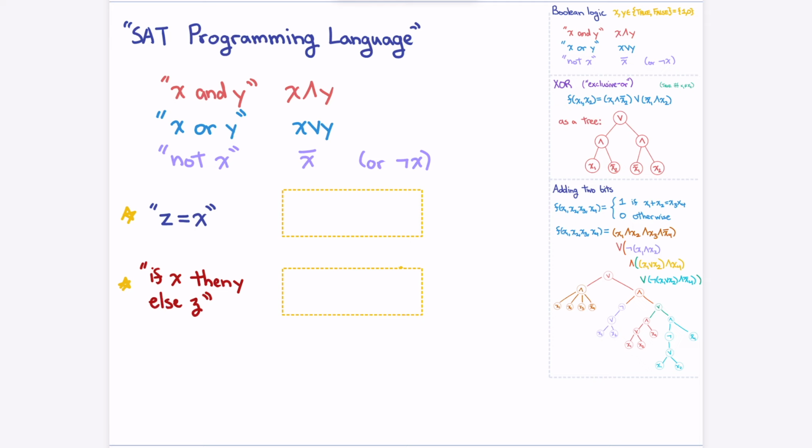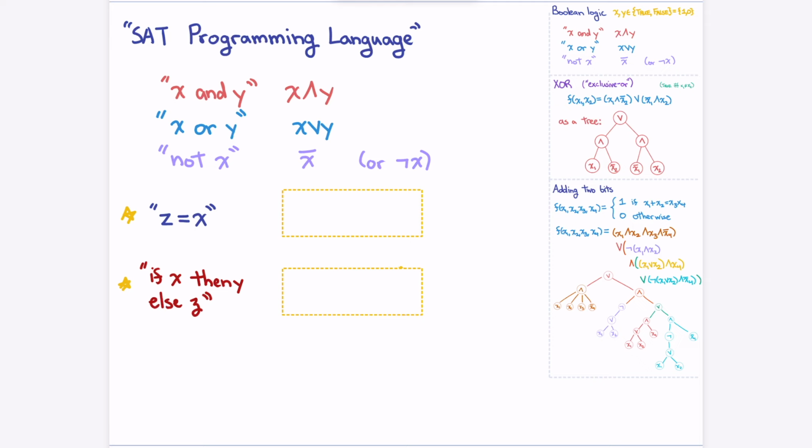But still, suppose I wanted to do something first like assignment. So I wanted to write a formula that is true if and only if z is equal to x. So given two variables z and x, let's come up with a Boolean formula. There may be many possibilities.